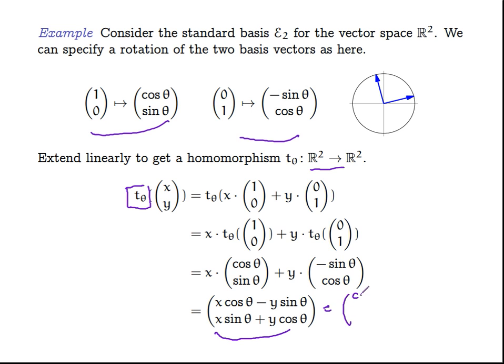You can actually write this as the matrix cos theta, minus sine theta, sine theta, cos theta times xy, which shows that we can represent this homomorphism using a matrix, and we'll come back to that later.